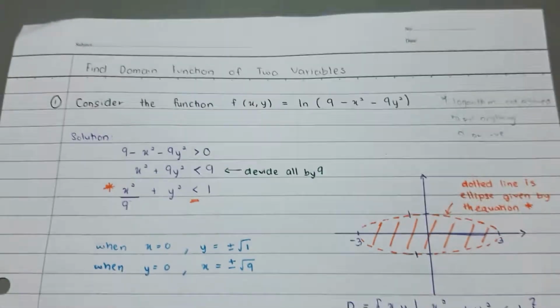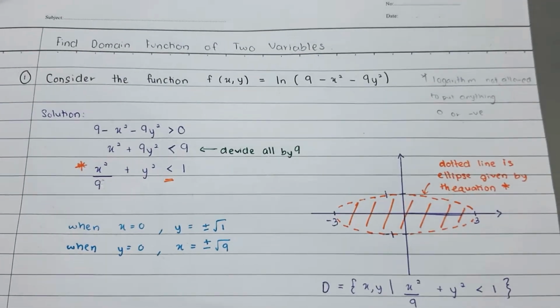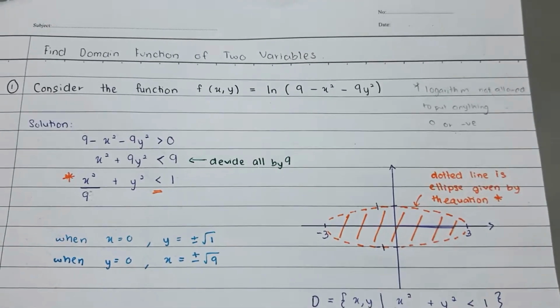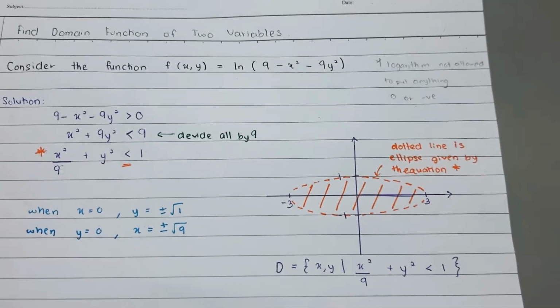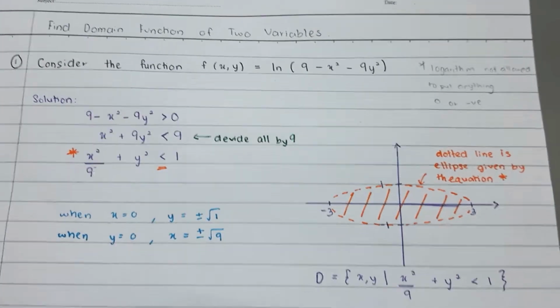So the first example is: consider the function f(x, y) equals ln(9 minus x squared minus 9y squared). That is the function given with two variables.